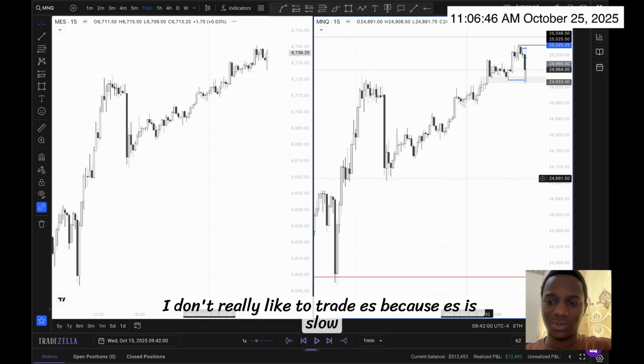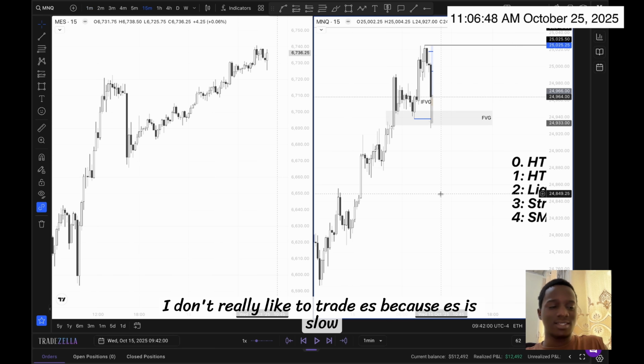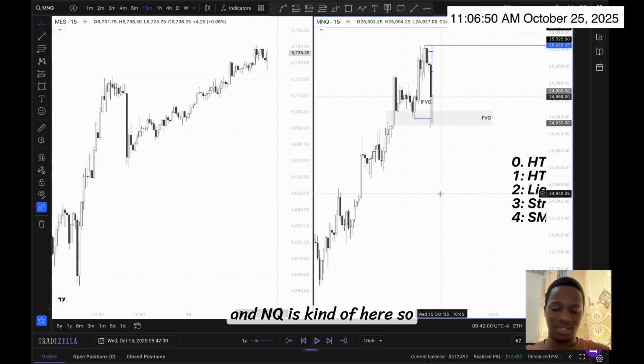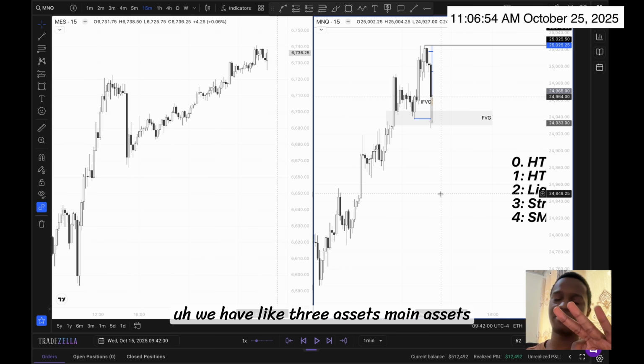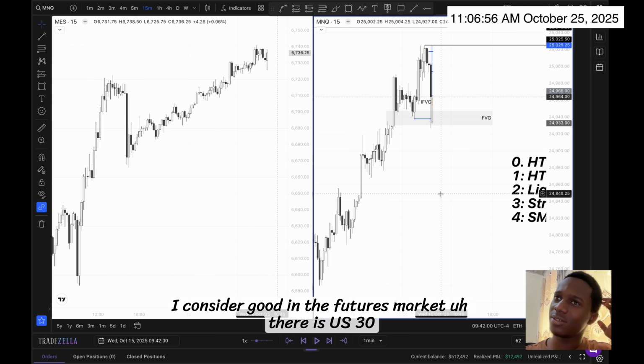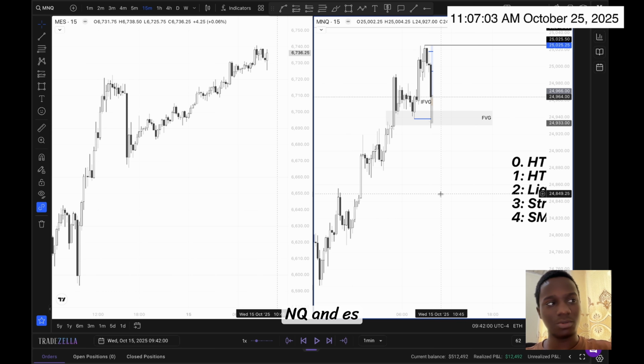I don't really like to trade ES because ES is slow and NQ is kind of here. So we have 3 main assets I consider good in the futures market: US30, NQ, and ES.